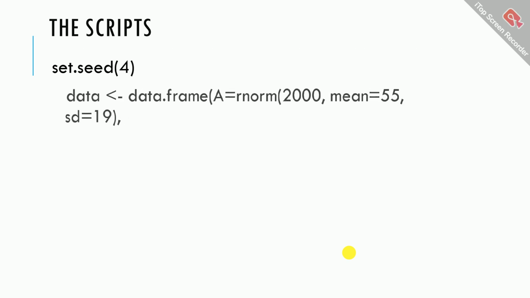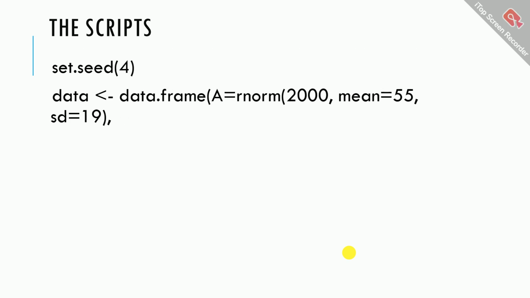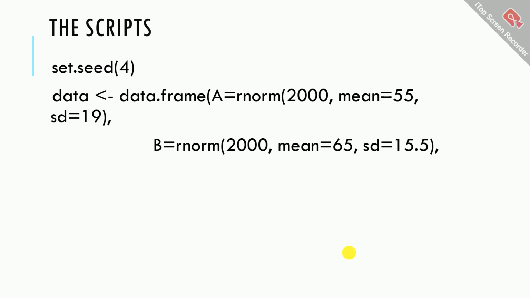This is an example. We may create a data frame. A is randomly normally distributed with n equal to 2000, mean of 55 and standard deviation of 19. Similarly, B is another randomly normally distributed vector of numbers with the number of observations equal to 2000, mean equal to 65, standard deviation equal to 15.5.